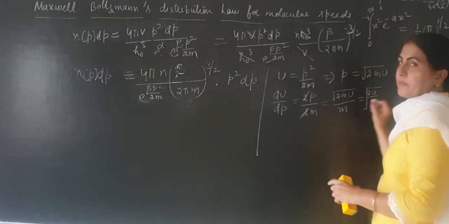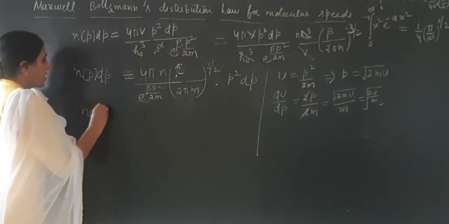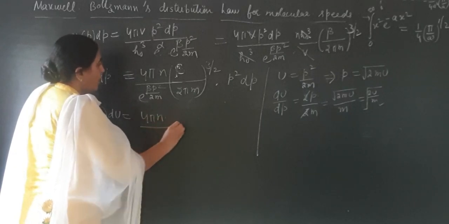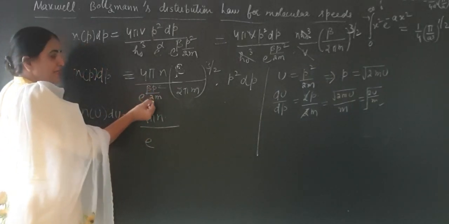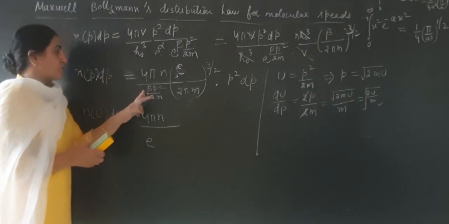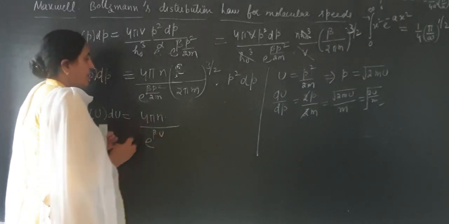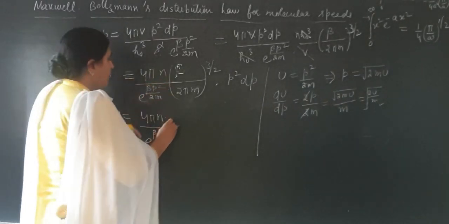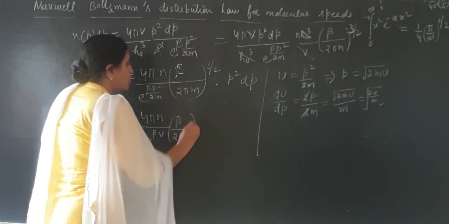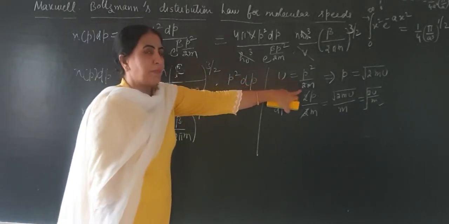So put the values and convert it. Now n(u) du is equal to 4 pi n upon e raised to power, where there is p square by 2m, convert it into u. So beta into p square by 2m, put beta into u here. Now beta over 2 pi m raised to power 3 by 2, p square is 2mu.